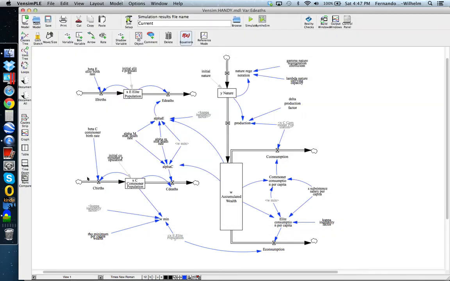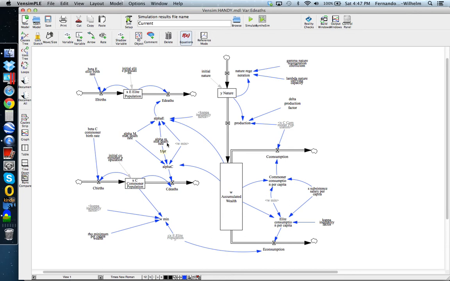No surprises there. Now the alpha E, remember that these death rates in the Handy model are given by a relationship that has a maximum and a minimum, an alpha capital M and an alpha little m.